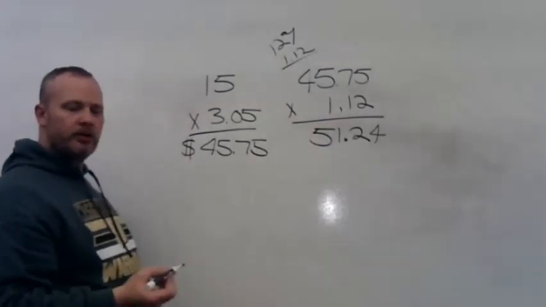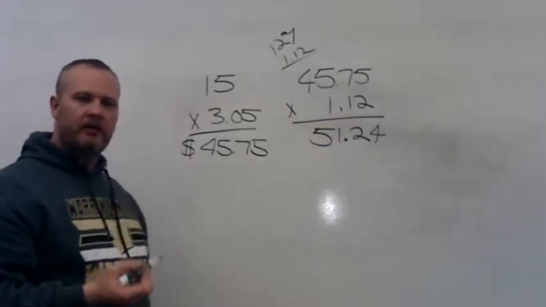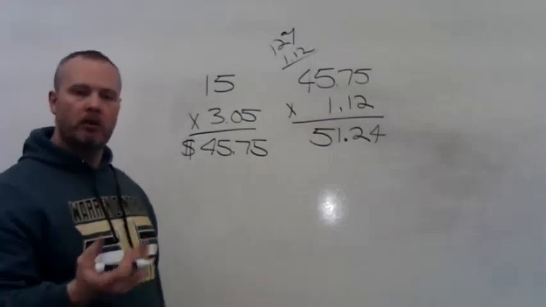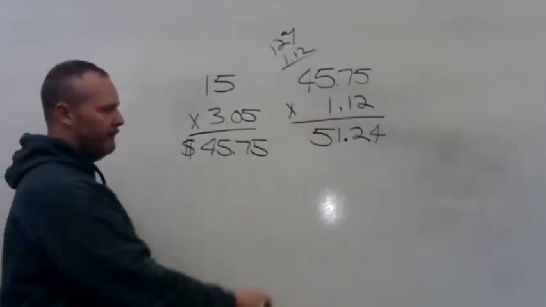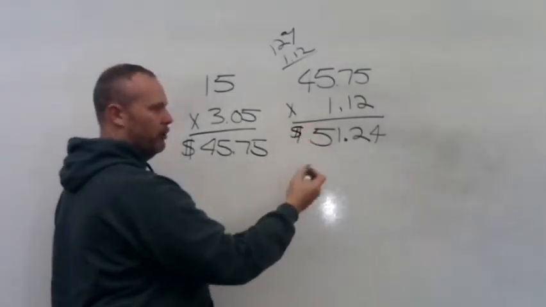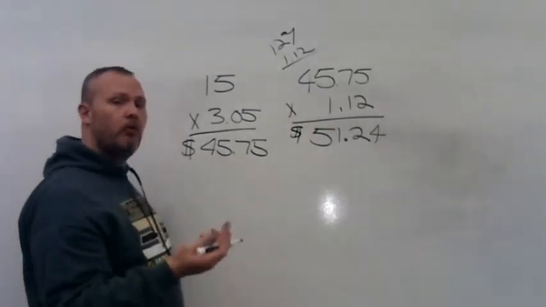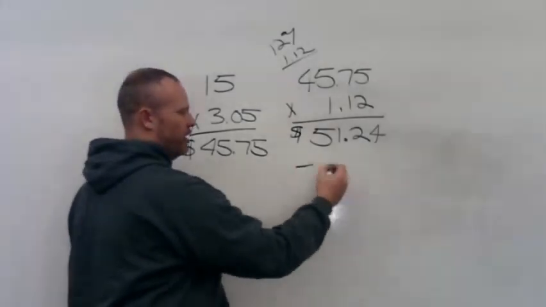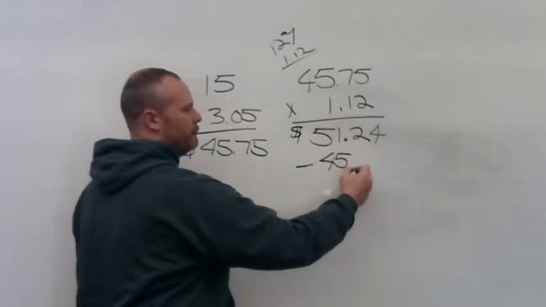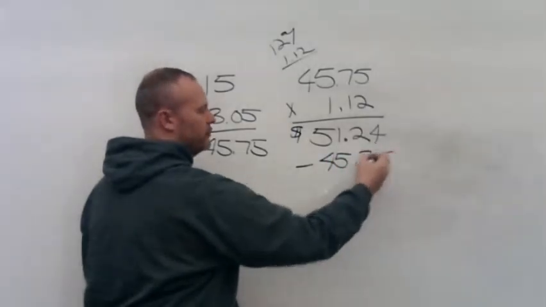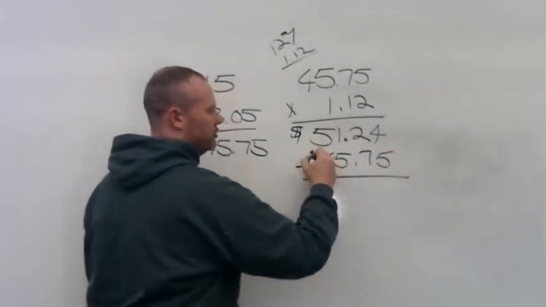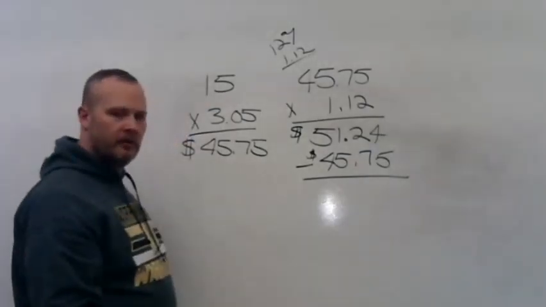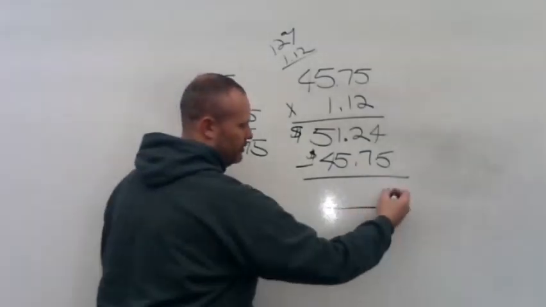So then in order to figure out how much more you will be paying, you will take the 51.24 and subtract what you normally would pay, subtract 45.75, and you'll come up with the answer you'll select on the quiz.